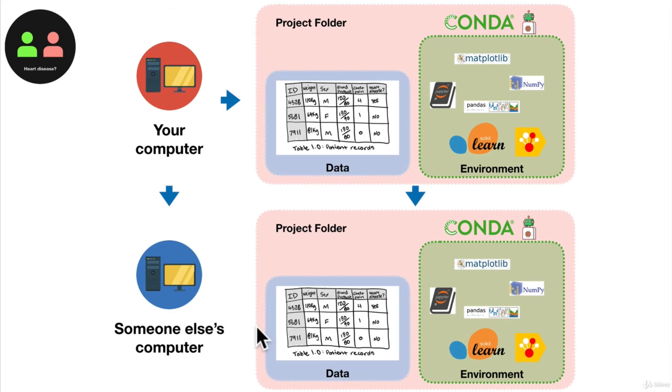A dependency issue is a term that's used when you don't have the right package for the problem that you're working on, because this project, this classifying heart disease, will be dependent on these tools here. And when we ran into dependency issues, it meant that we couldn't install some of these tools. Conda helps to fix that dependency issue.